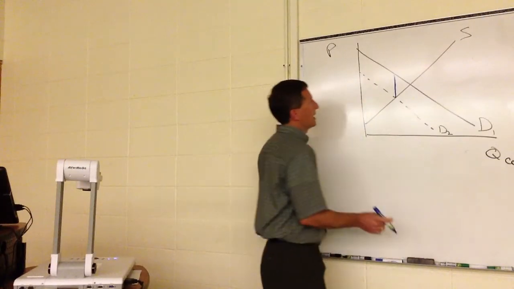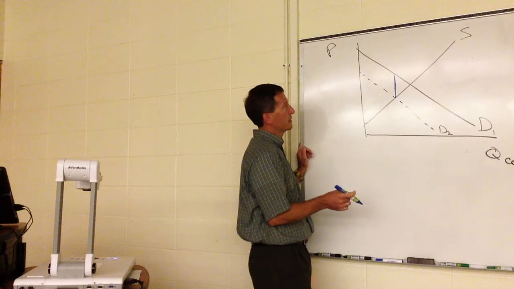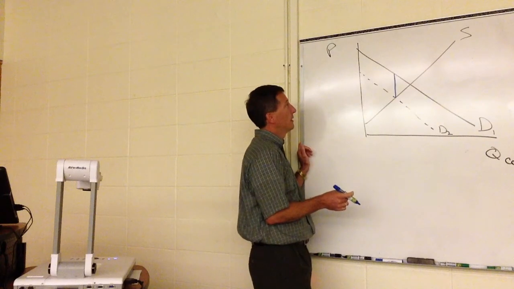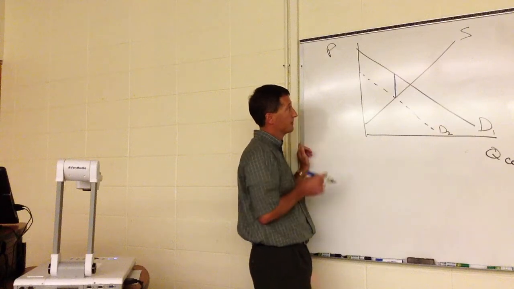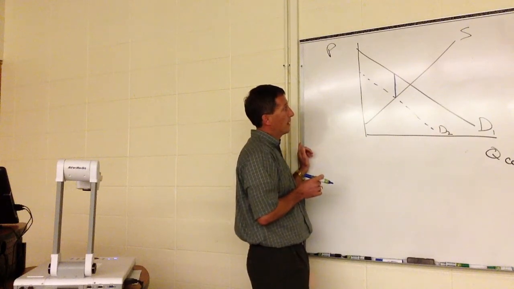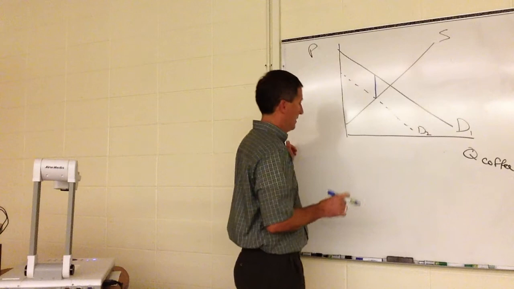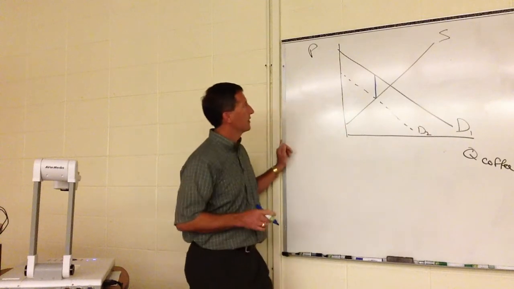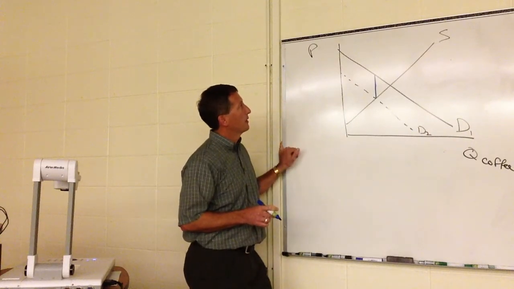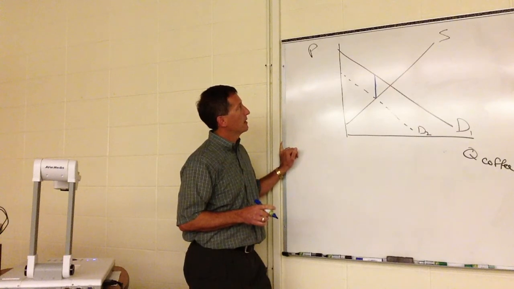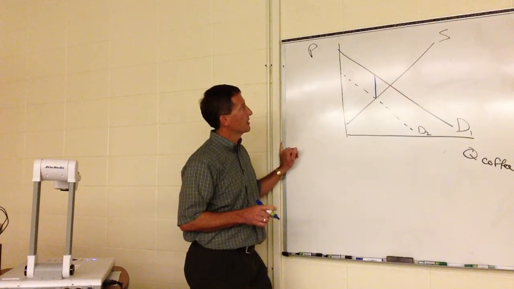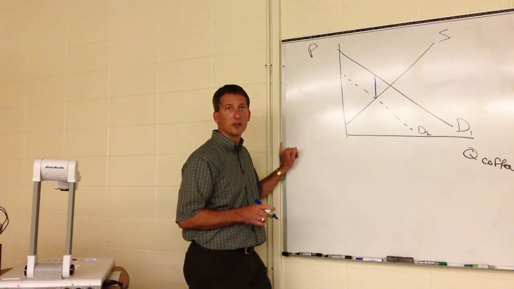But at the same time, we're going to subsidize the producers. All right, so how do we do that part of it? So producers are subsidized. Which direction does the supply curve move?